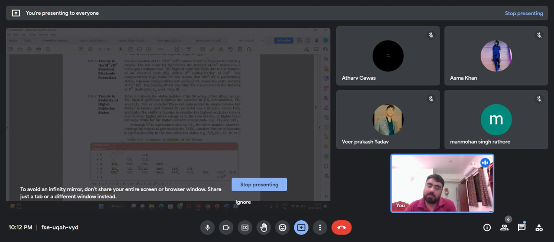So what is the oxidation state of halides? It's minus 1, right? Fluorine is minus 1, bromine is also minus 1, chlorine is minus 1. And what did we learn about the oxidation states of the metals? For titanium, it was plus 2, plus 3, and plus 4, right?